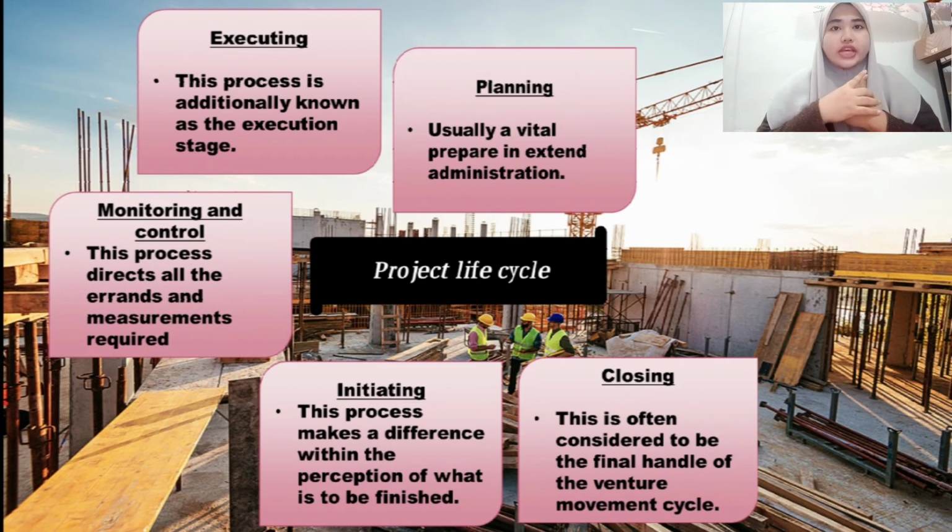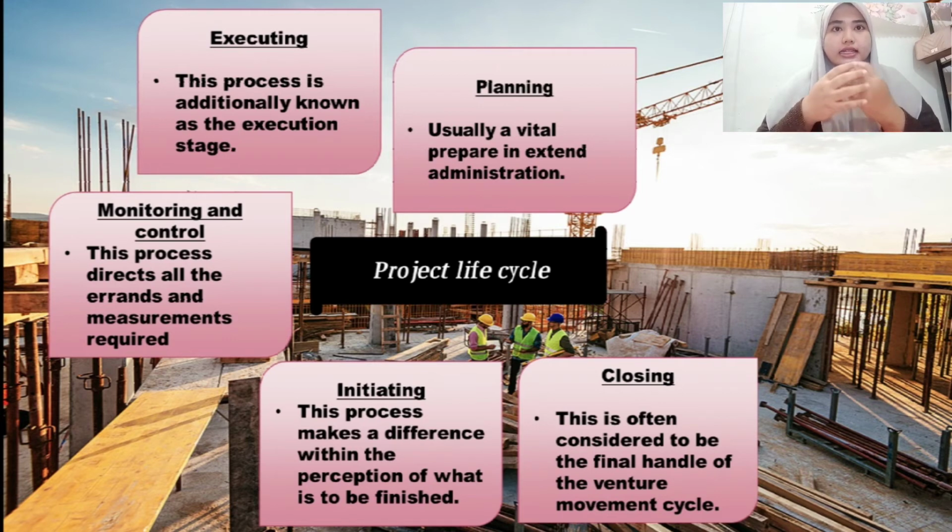First, initiating. This process makes a difference within the perception of what is to be finished. Typically, where the venture is formally endorsed by the sponsor or client. Beginning scope, characterize and partners distinguish.